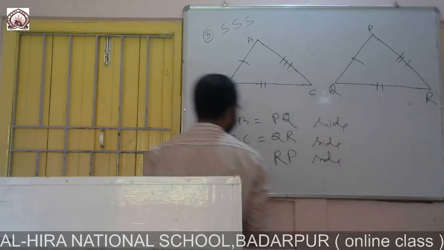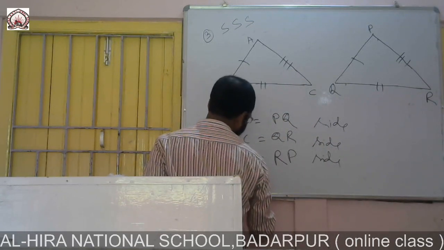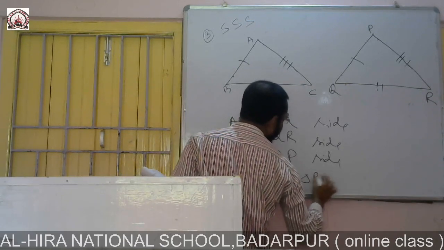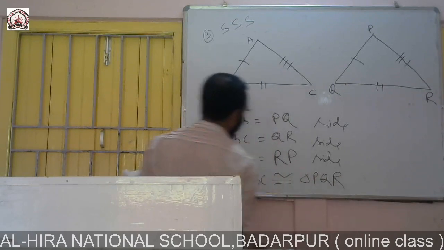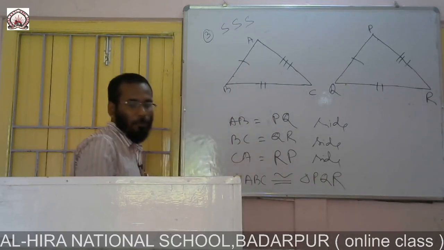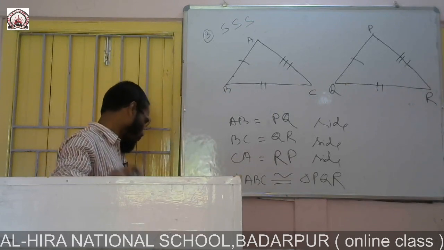So this is the third condition. Then we can say triangle ABC is congruent to triangle PQR.